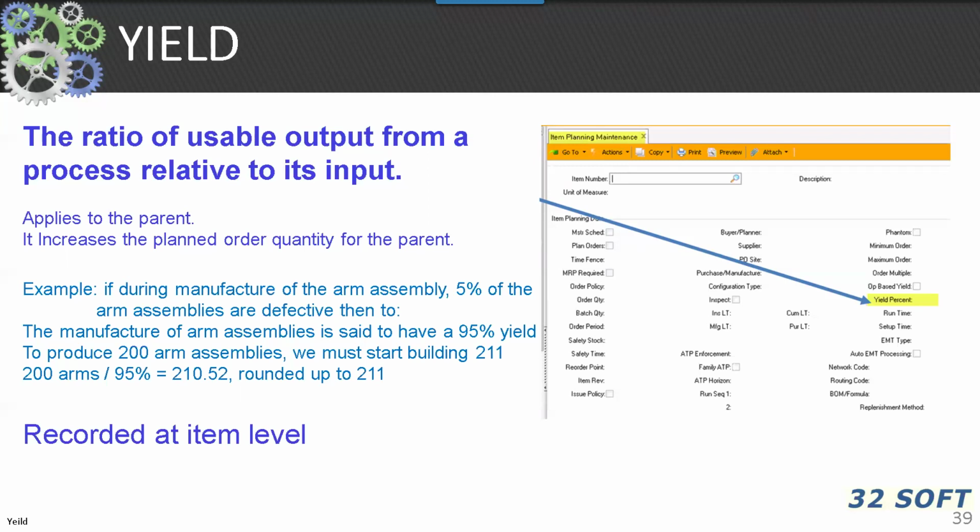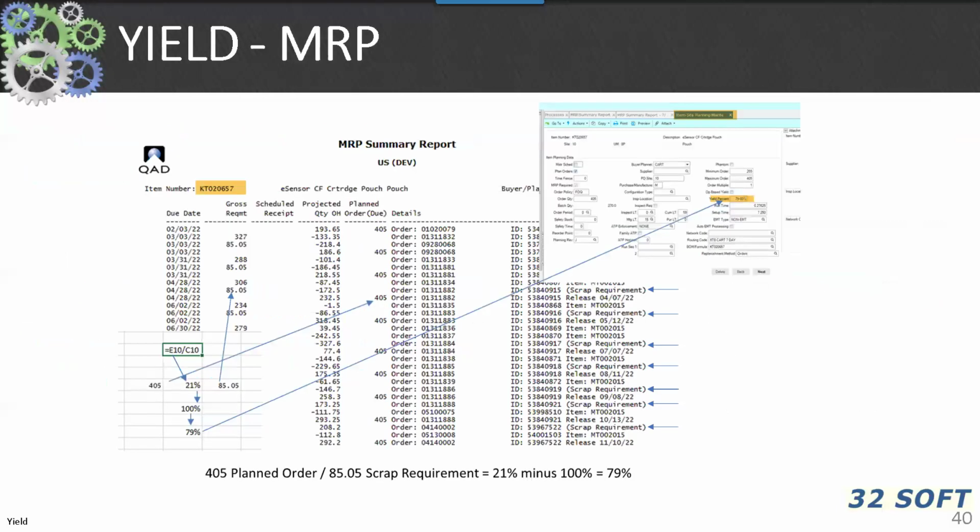Here you can see if we're going to manufacture this, we lose 5% of our arm assemblies defective, that means we have to have a 95% yield. MRP is then going to round that up to 2 and 11 and record at that item level.